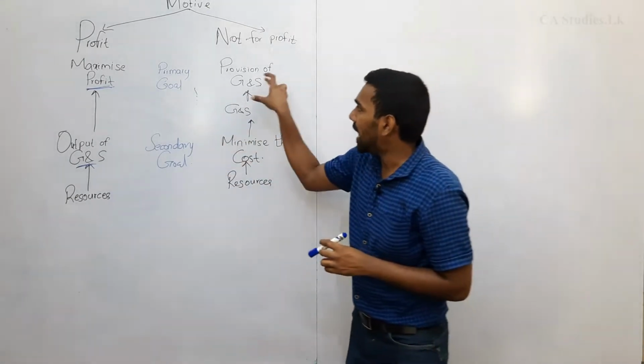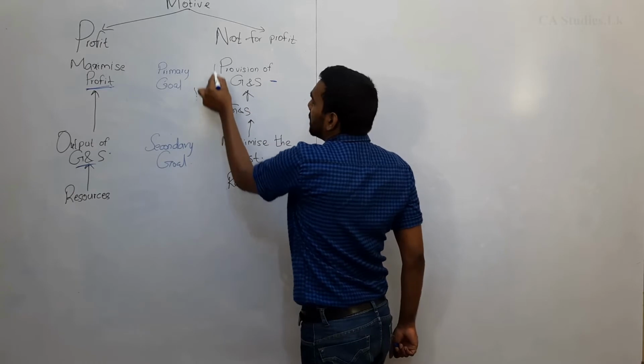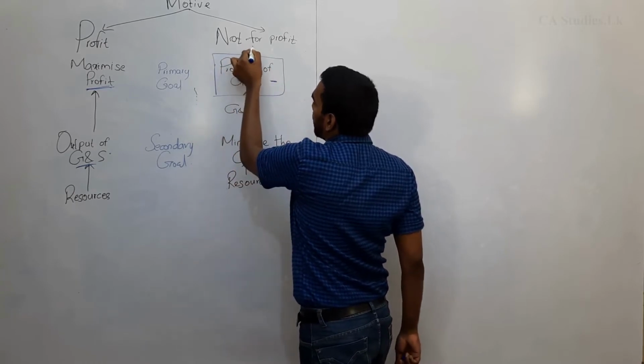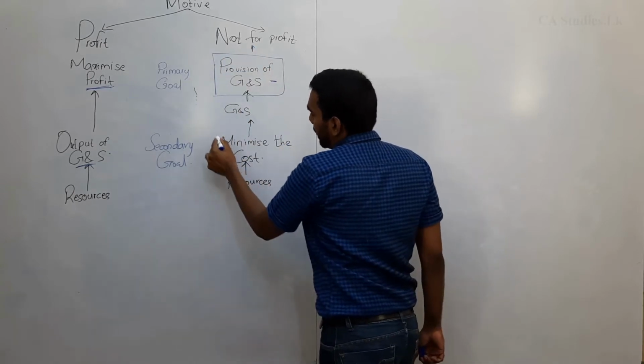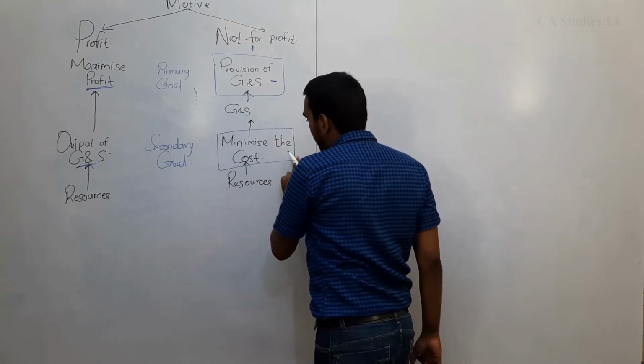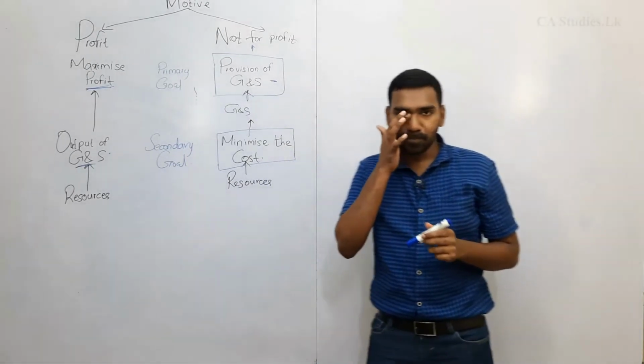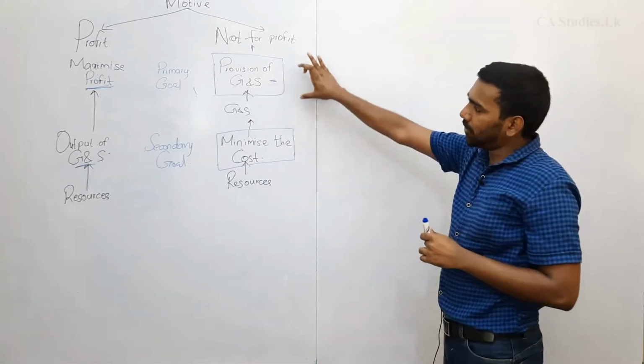Whereas on the other hand, the provision of goods and services becomes the primary goal of a not-for-profit organization, and the secondary goal is not relating to profit. It is to minimize the cost involved in providing those goods and services. Okay? Because they don't want a profit.